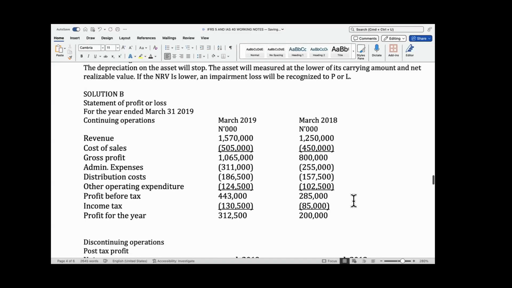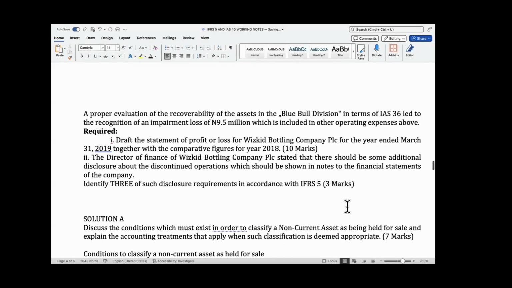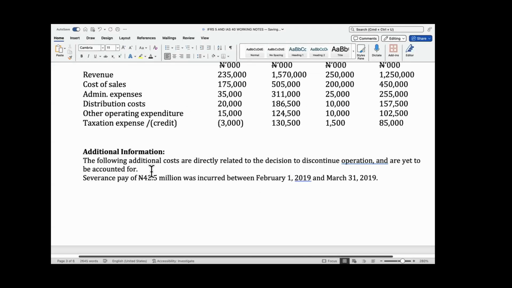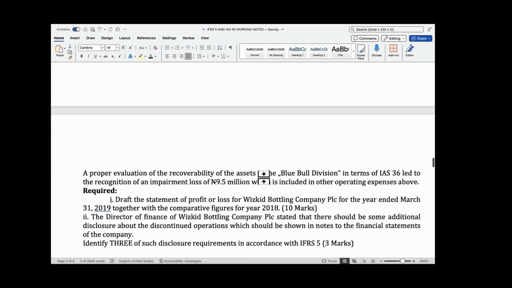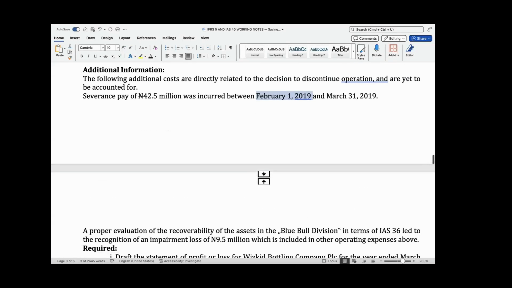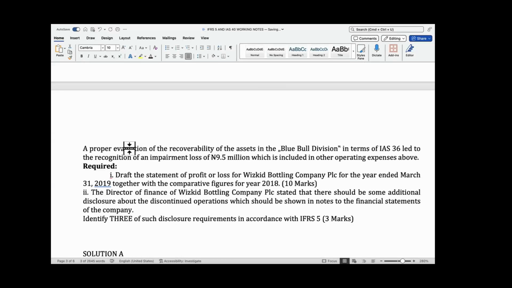My administrative expenses. Let's not forget the severance pay that they incurred on these discontinued operations. We need to remember to add it. And also, there was an impairment loss on this discontinued operation that they have already added in operating expense.